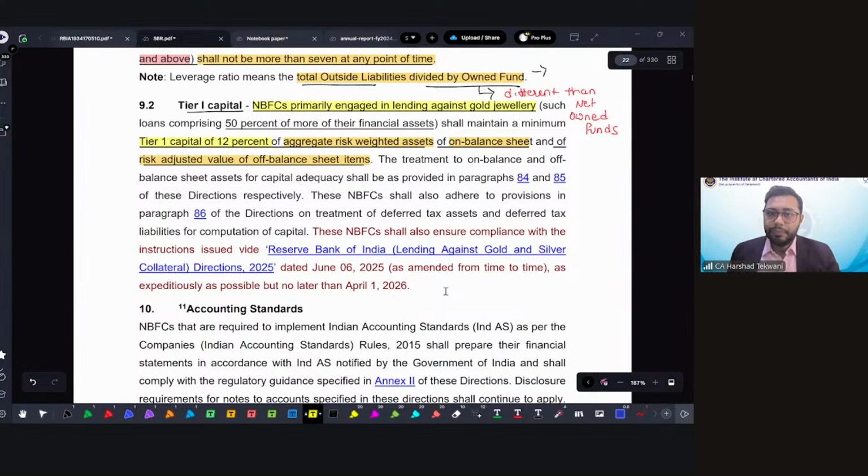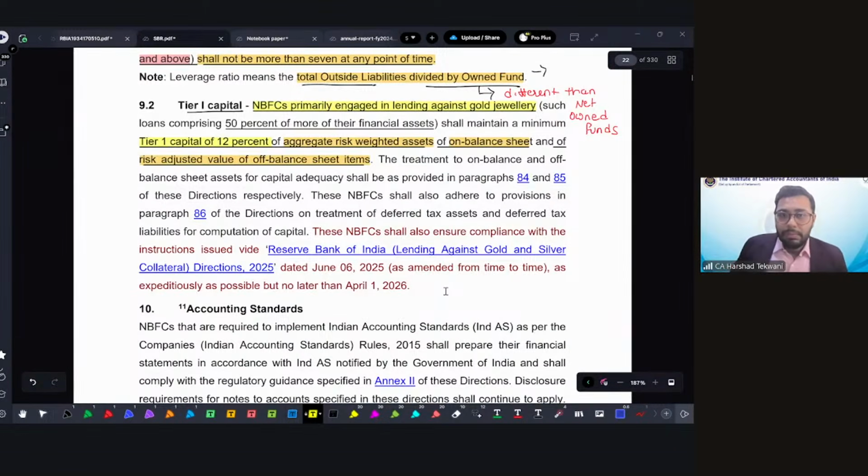Sir, this NBFC lends against only gold jewelry, but these loans are less than 50% of financial assets. So no. Only when such loans, lending against gold jewelry, are more than 50% will I be able to say it is primarily engaged in lending against gold jewelry. Otherwise, I cannot say that it is primarily.